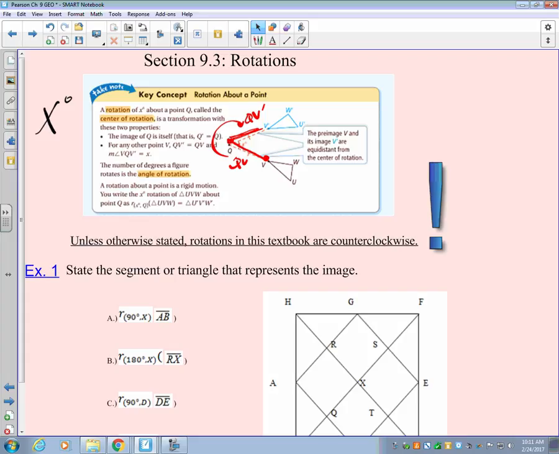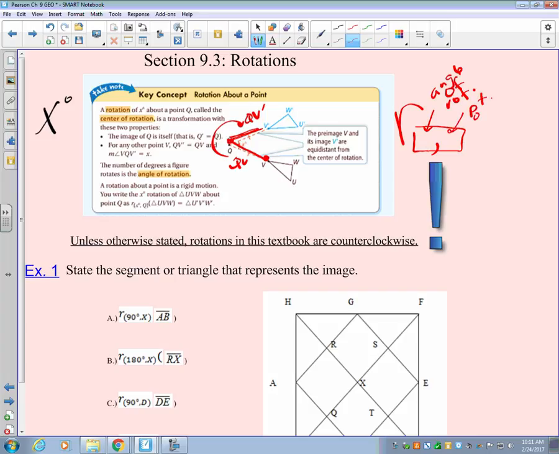Okay, so here's the formula for writing a rotation. We use the baby r, and then we do a subscript. We have two items in our subscript. The first item is the angle of rotation, and then the second is the point. Then in the parentheses next to that is whatever you're rotating.